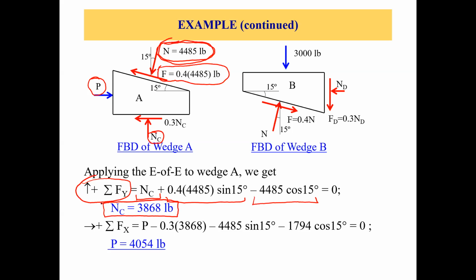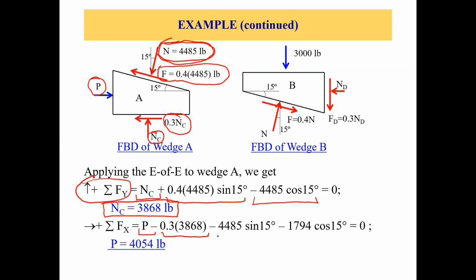Now the only thing we are left with is the load P. So let's do sigma Fx equals 0, and we can get the value of P from there. How many forces are acting in the x direction? We have P acting in the positive x direction, so it's positive. Then we have 0.3 times 3,868, which is the friction force acting at the bottom of wedge A, this 0.3 times nc. It's negative because it's acting in the negative x direction.